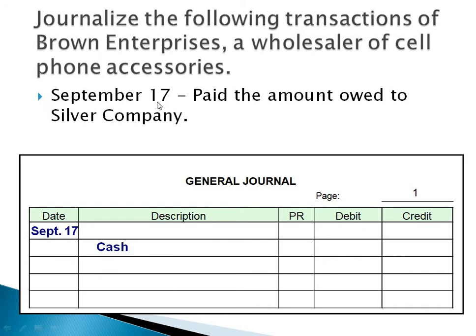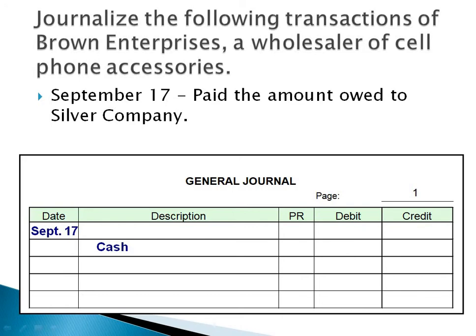No. So we must not debit purchases here. Paid the amount owed to Silver Company. From the word owed or owe, that means liability, right? Because when I say I owe you 500 pesos, that means I have a liability to you in the amount of 500 pesos.